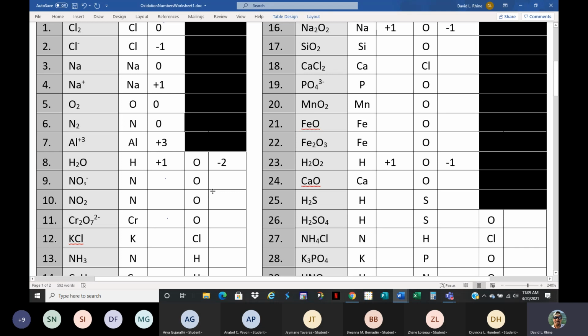Does that work for you? Does monatomic mean only one type of atom? It means a single atom. Uncombined means one kind of atom. Okay. Slight difference there.